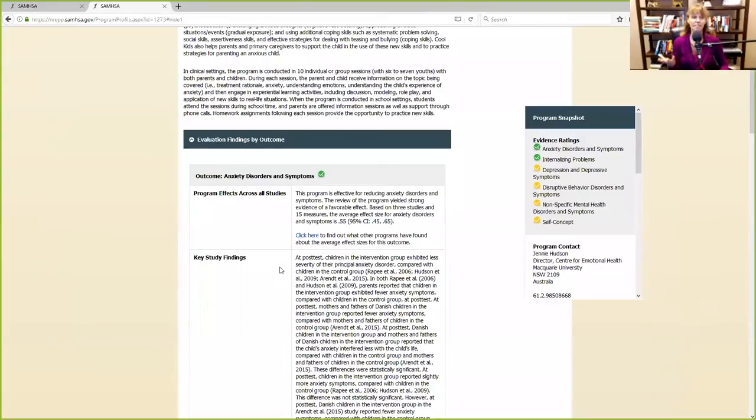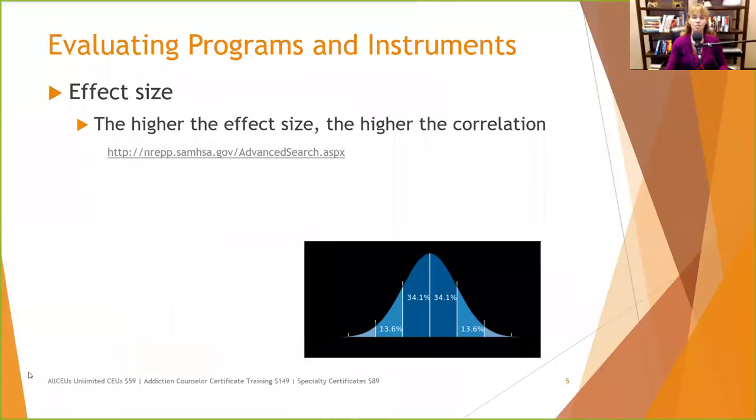That's a significant effect size. Generally, an effect size of less than 0.2 is a very small effect size, but a 0.55 is significant. So that would be a good one for that particular symptom.